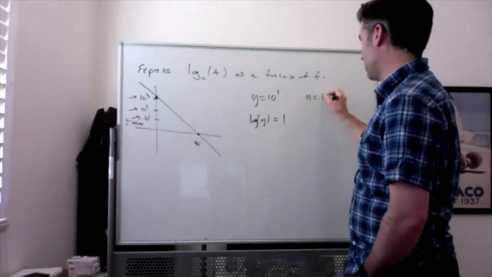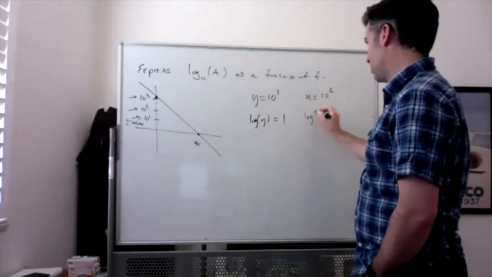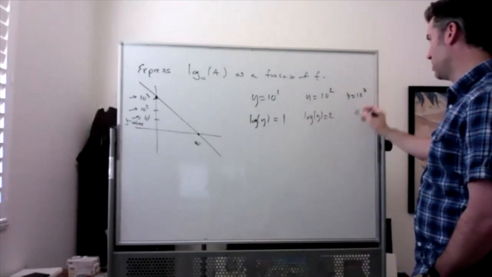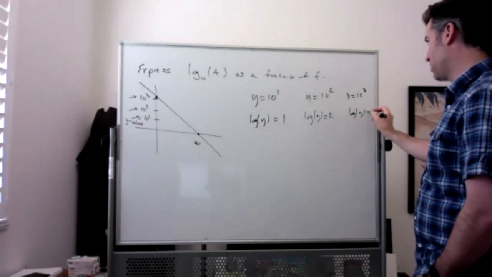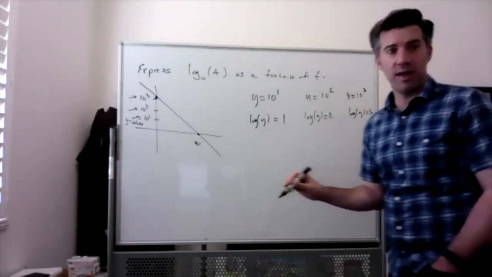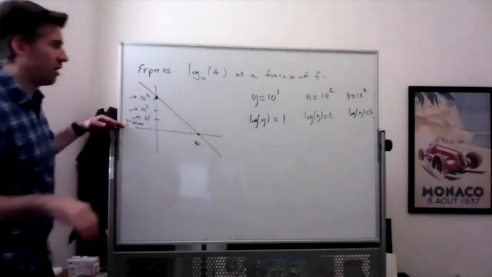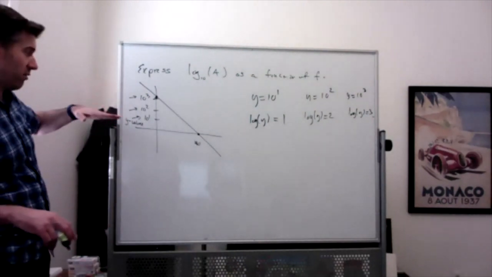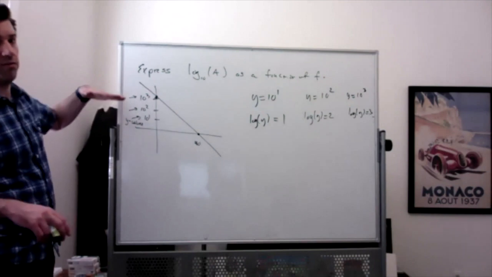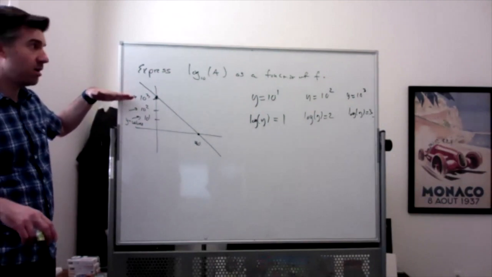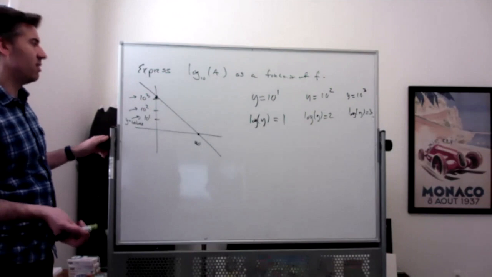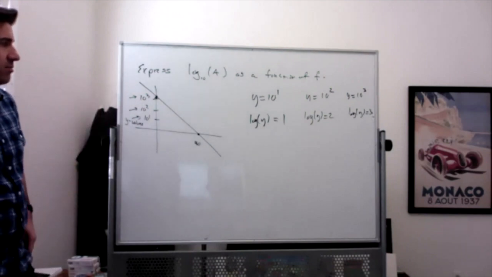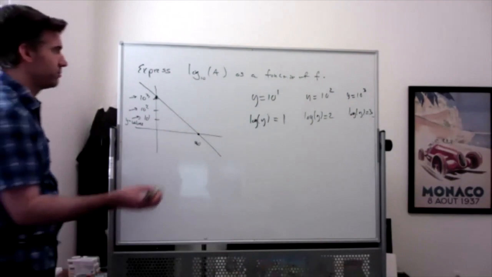When y equals 10 squared, log of y equals 2. And when y equals 10 cubed, log of y equals 3. So the log of y values are the things that are equally spaced apart. Log of y is 1, 2, 3. Equal spacing. And I suppose we're using a here, not y.